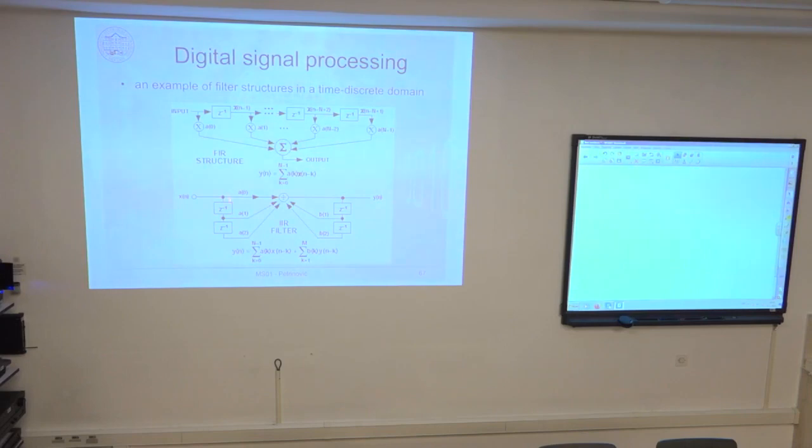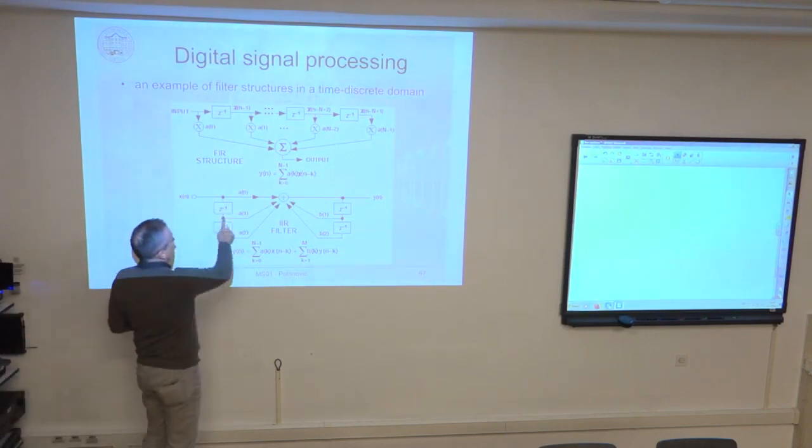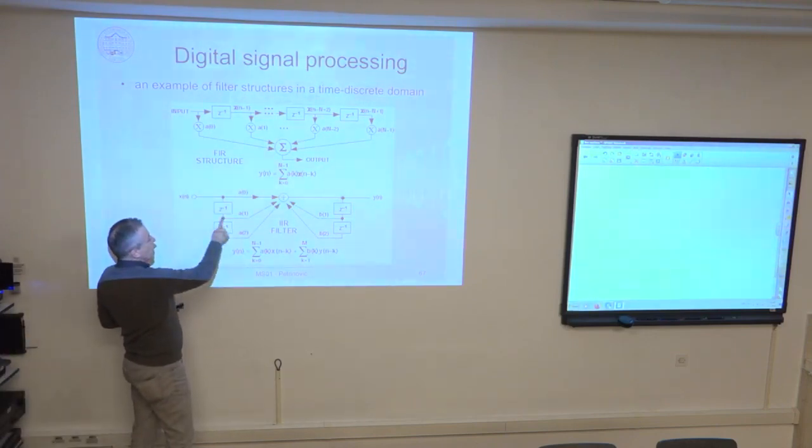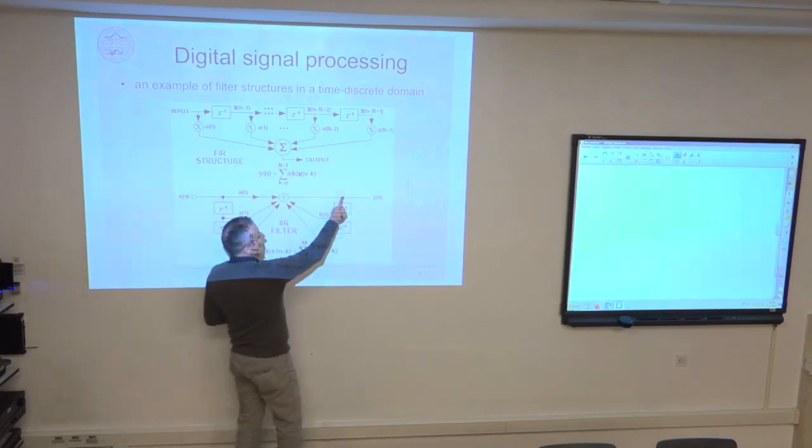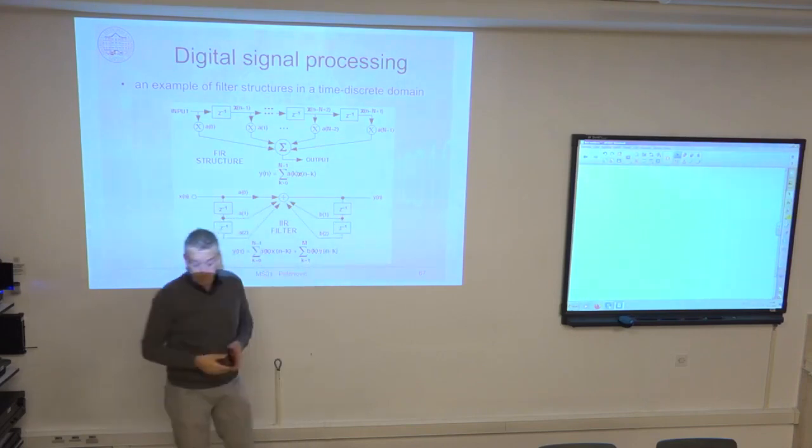One delay line is for input samples, and one delay line is for the output samples of the filter. And they behave completely analogously. So this here is the input sample from the previous time step, from 2 steps before, and the same is here. This is the current output, output from the previous step, and output from 2 steps before.